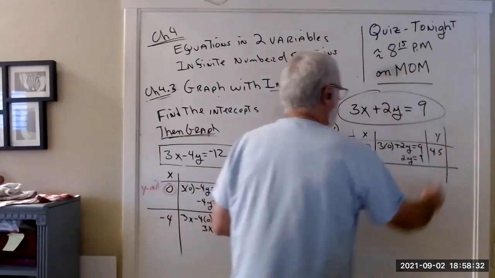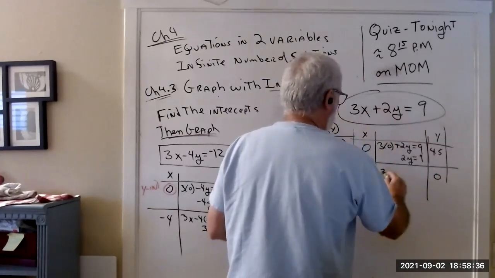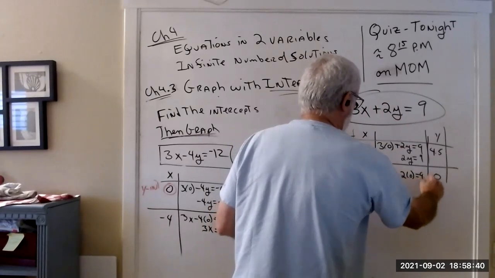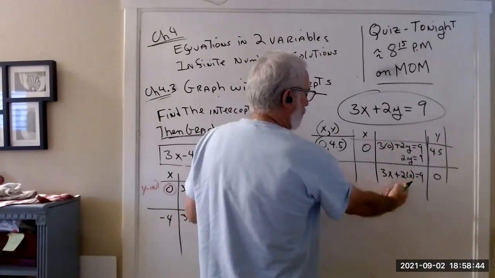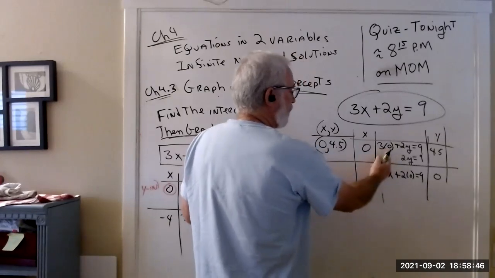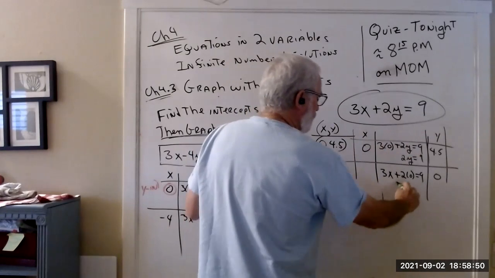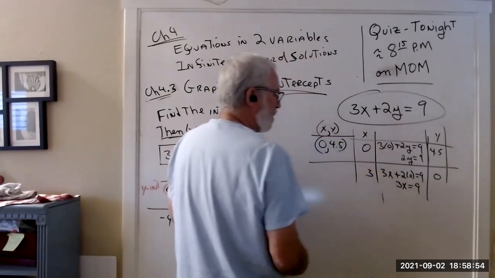Then we start again. If y is 0, plug it in. 3x plus 2 times 0 equals 9. Again, if you want to leave off the 2 times 0, or the 3 times 0, that's fine, because I understand it goes away. So we get 3x equals 9, so x is 3.